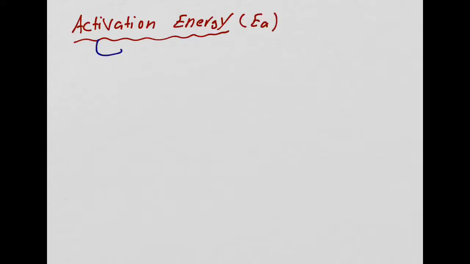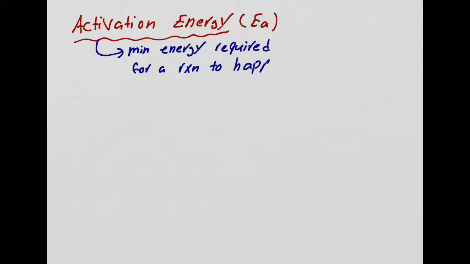You ready? Activation energy is the minimum energy required for a reaction to happen. You were probably wondering what I was going with all those examples. So now you know. Activation energy, the minimum energy required for a reaction to happen.